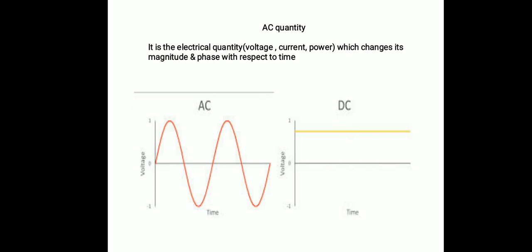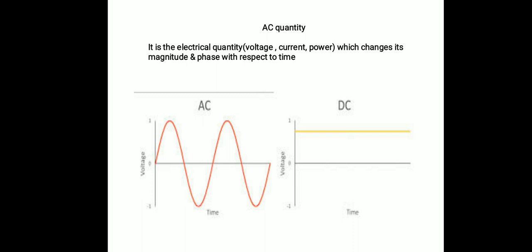Next one is the AC quantity. It is the electrical quantity which may be voltage, current or power, which changes its magnitude and phase with respect to the time. In the first diagram, on the left hand side, there is an AC quantity. In the AC quantity there is a change in magnitude with respect to time. On the x-axis there is time, and on the y-axis there is voltage or magnitude.